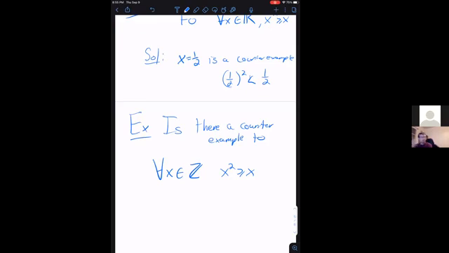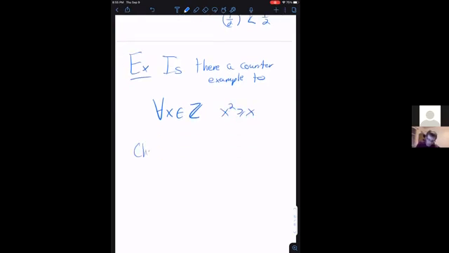And you can kind of work through it. So we can check, right? This is not a proof, but we can kind of mentally check. 1 squared is definitely greater than 1, and 2 squared is greater than 2, and 3 squared is greater than 3, and it keeps going. 0 squared is greater than or equal to 0, so the equal to counts.